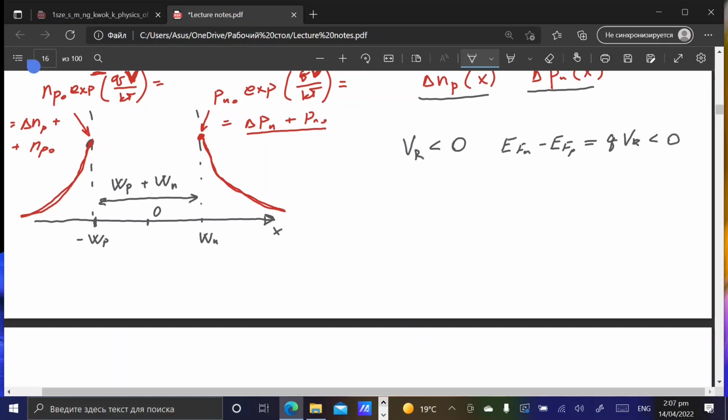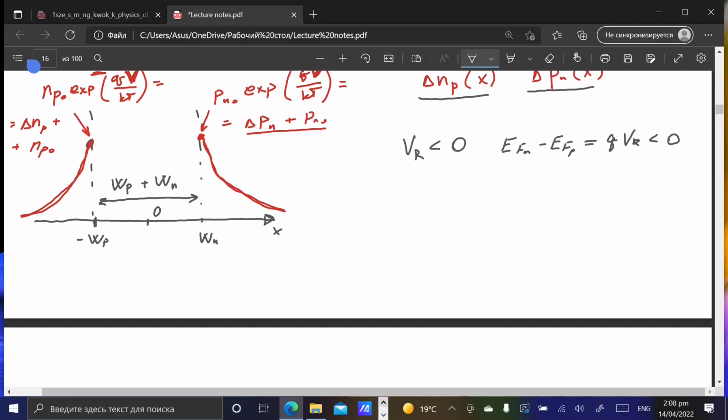So in this case, what happens there? We significantly increase the potential barrier and increase the internal electric field in the PN junction.